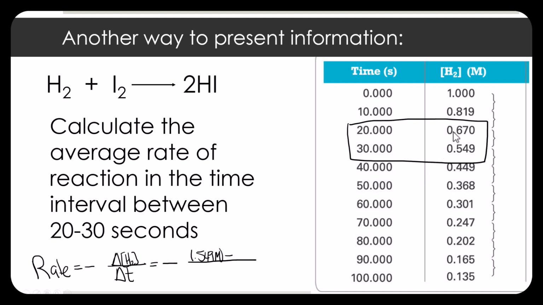Minus the initial concentration. When we started this time interval, the concentration of hydrogen was 0.670. On the bottom, we're going to do the same thing.